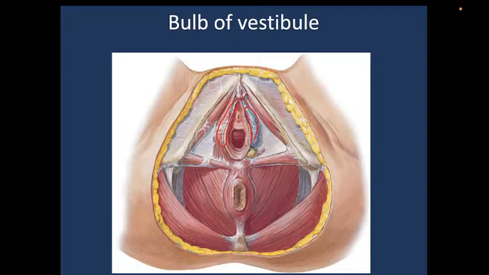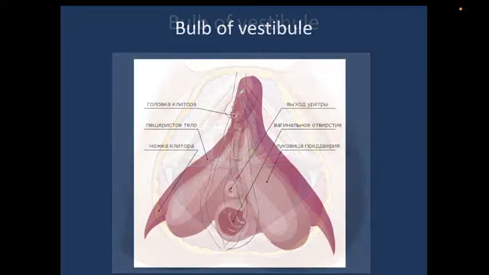If the clitoris is the analog of the paired cavernous bodies in the male penis, the bulb of the vestibule is the analog of the spongy body in the male penis.